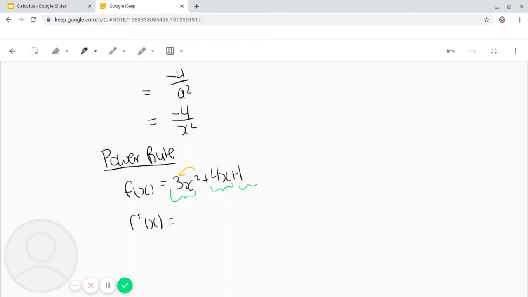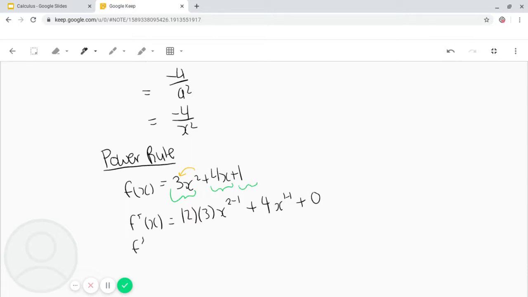So 2 times 3, actually I suppose I'll just write it out. 2 times 3, x to the 2 minus 1, and then same thing here, plus, so we have an exponent of 1, so it would just be 4x to the 1 minus 1, and 1 is a constant, so the derivative of that would just be 0.